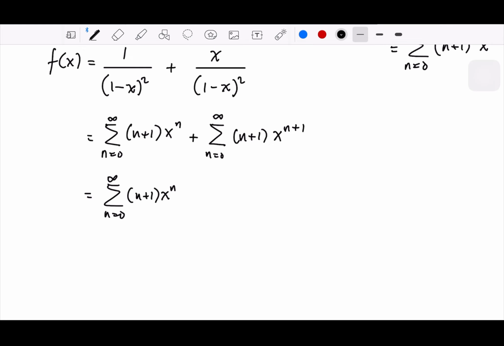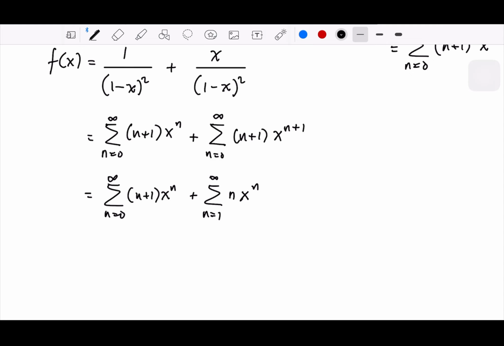If I start from 1, then I can erase this plus 1, right? So we can have it start from the same n equals 0, and we can remove the plus 1. So n and x to the power of n. Sorry, this should be 1. Now we have the same x to the power of n, but we have different starting values, 1 and 0.